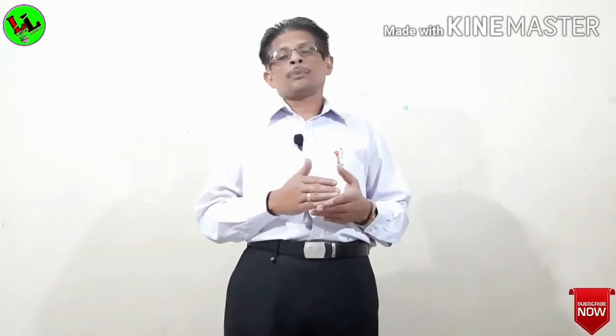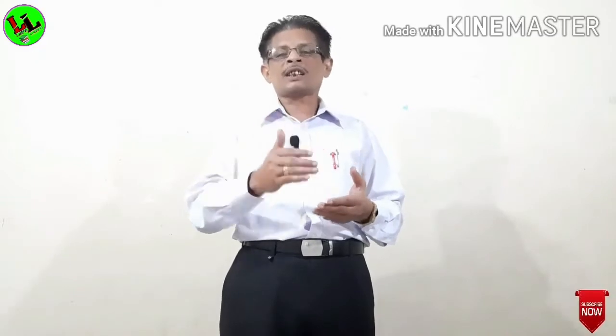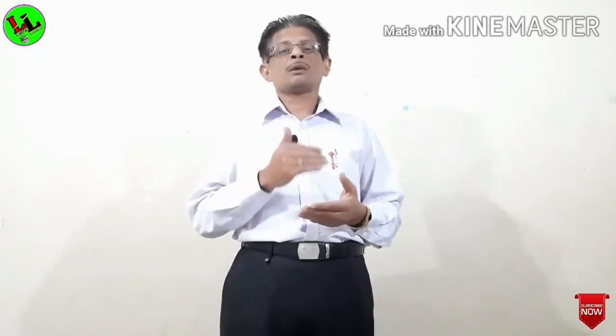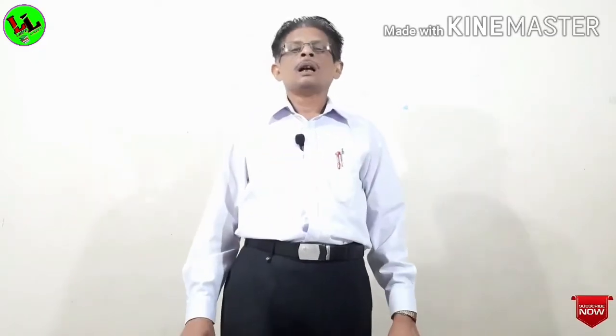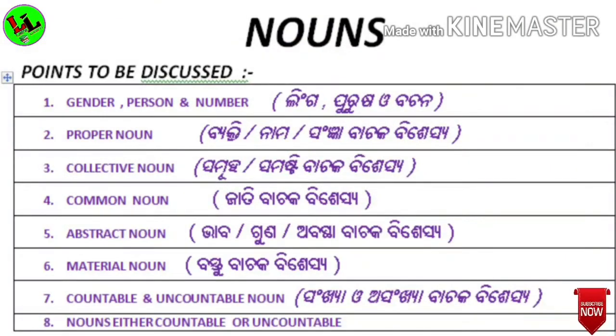Now, we will see what I will discuss in this part. In this part, I will discuss about gender, person and number. There are different types of nouns. They are proper noun, collective noun, common noun, abstract noun and material noun.